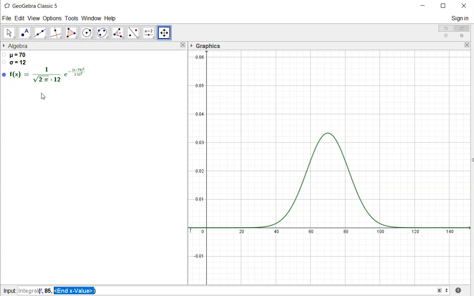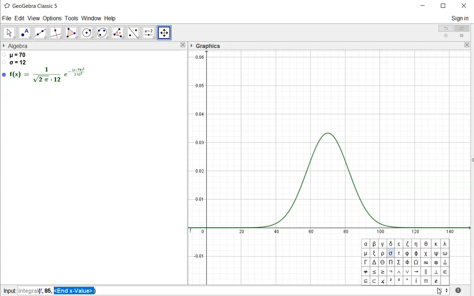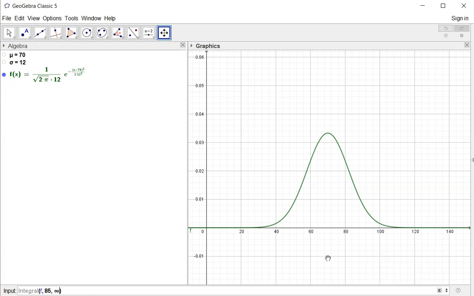The end value, we're going to go all the way to infinity, and hopefully there's an infinity symbol somewhere hidden. Yep, there's an infinity there. So this is basically an improper integral from 85 to infinity of f of x dx. So let's find the value here. Hit enter.